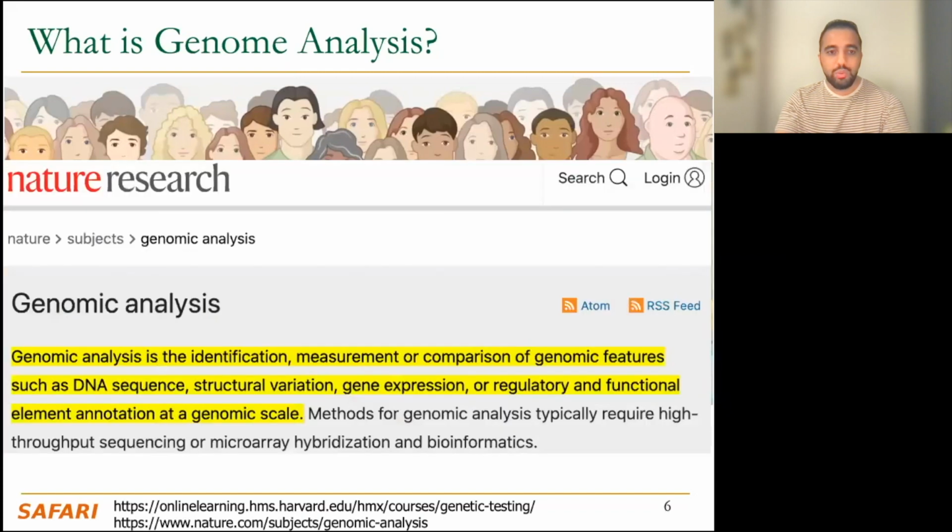With that, genome analysis is basically to analyze, identify, measure, and compare genomic features such as DNA sequences. Not only comparing the DNA sequences, but also knowing the functional element annotation, what each sequence in the DNA causes, for example. And we want to do this at genomic scale, so that we analyze the entire genome and see the function of each piece in this DNA sequence.